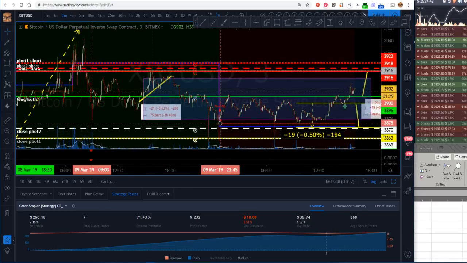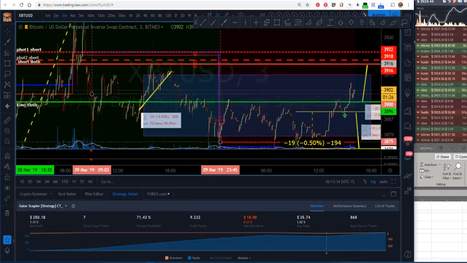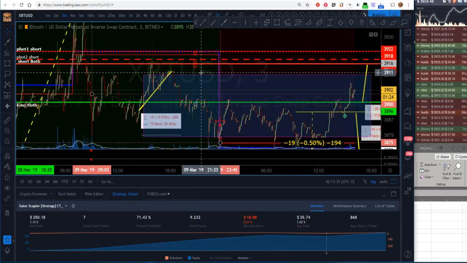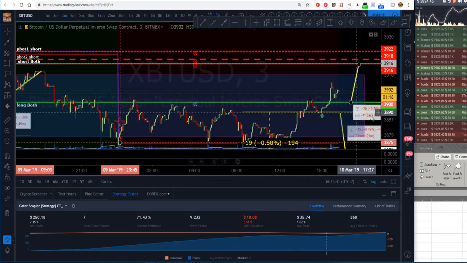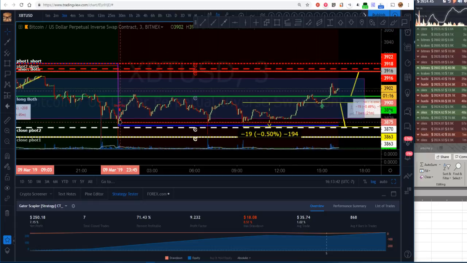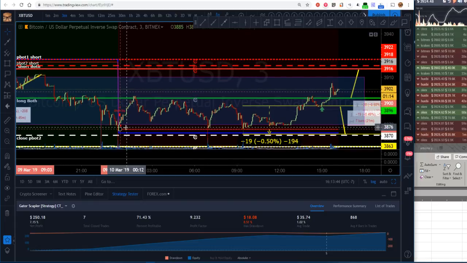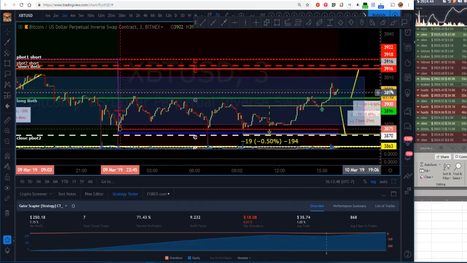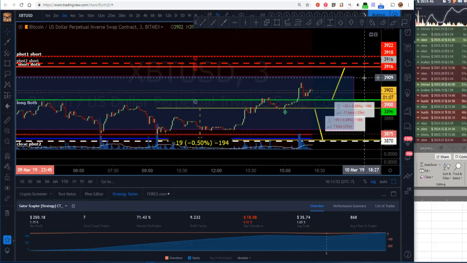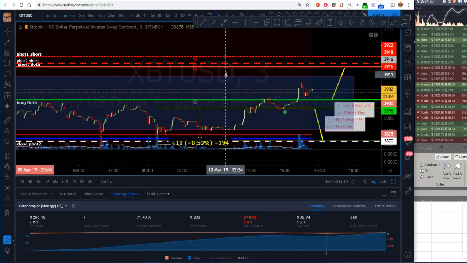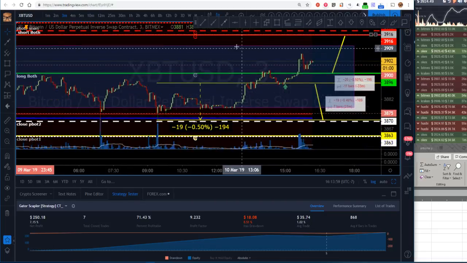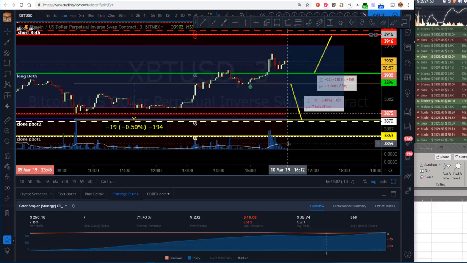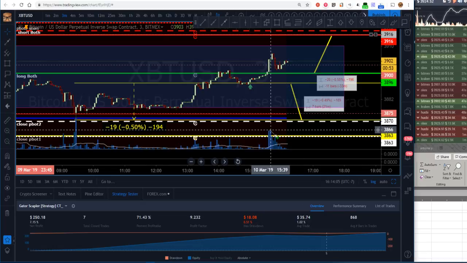Pull it down. And sell. I got a sell signal right here too. My bot sell signal. And you see what it's been doing ever since. There are a lot of people buying on that sell signal. It's good.